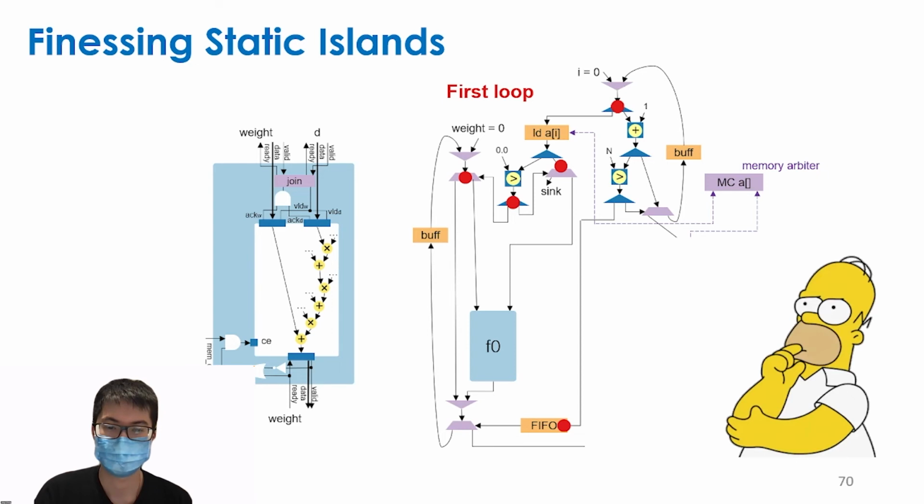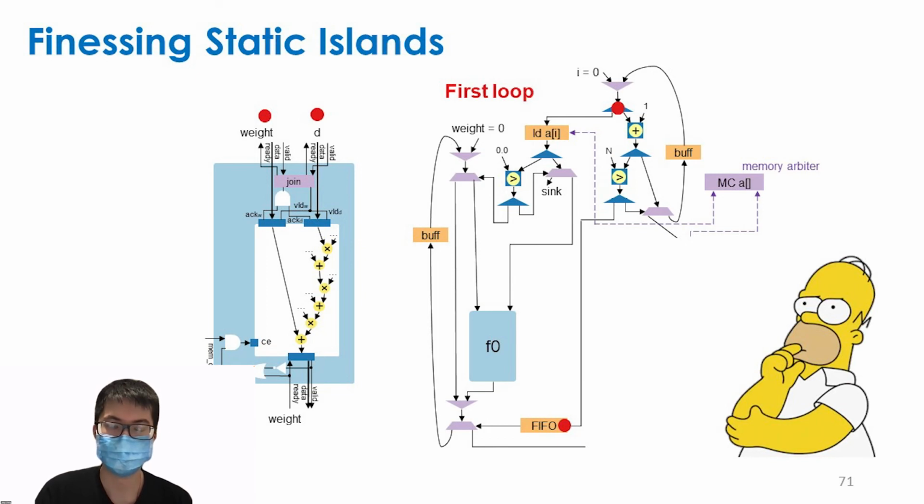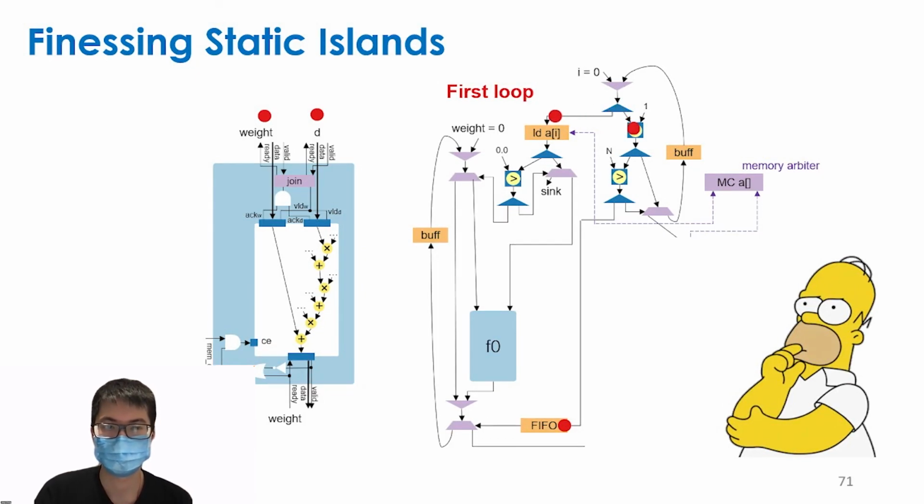Meanwhile, assuming the condition is true, the branches forward weight and D to the static island. Because we have both inputs ready, we can start the execution of this static island. The execution is in parallel with the outside circuit, where the loop iterator is still iterating in the graph.